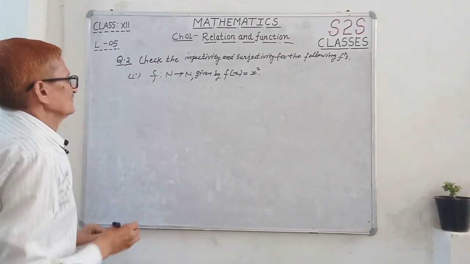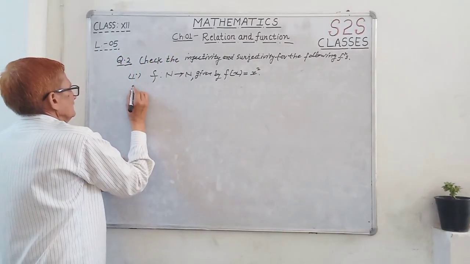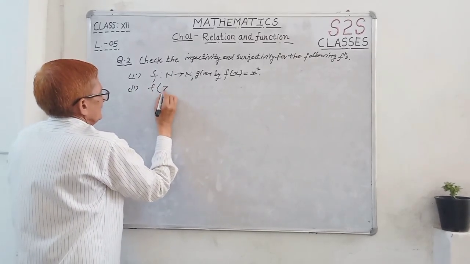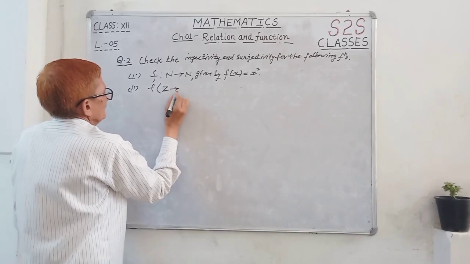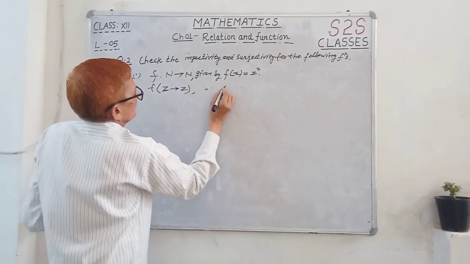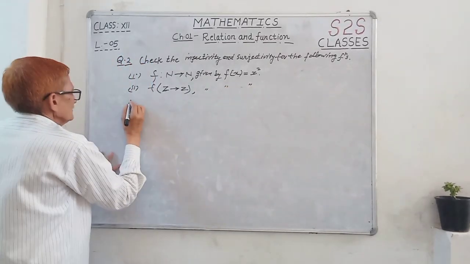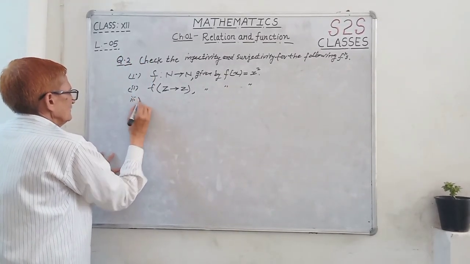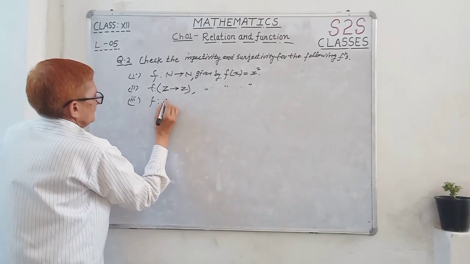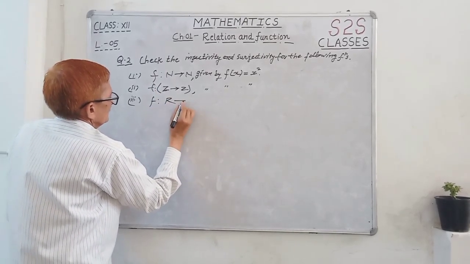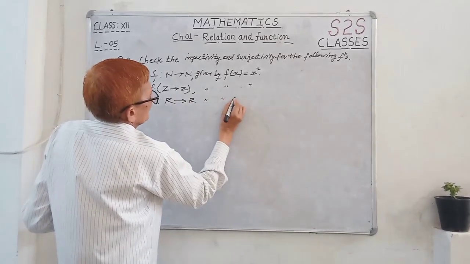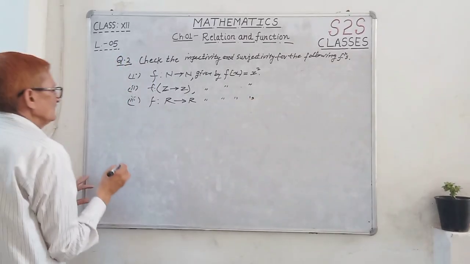This second part, second function, integer to integer, given by the same function. Third part, f from real numbers to real numbers, given by f(x) is equal to the same.